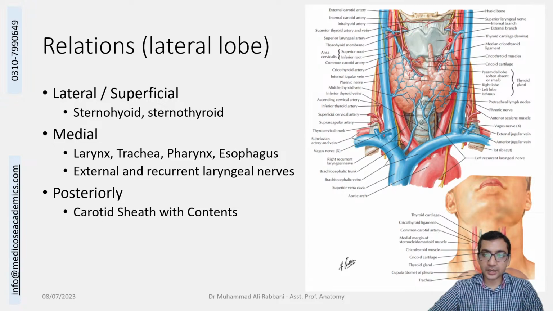And during thyroidectomies, you have to ligate this artery. It happens, if the surgeon is not careful, that the superior laryngeal nerve gets tied up in the knot, ligated along with the artery also. So you have to remember very carefully the relation of the nerve with this artery.